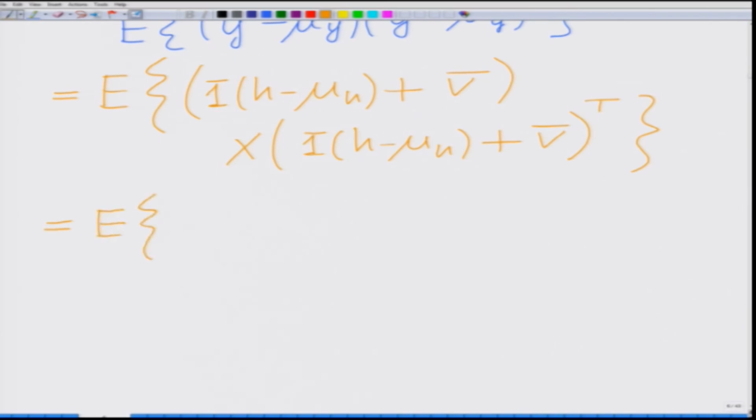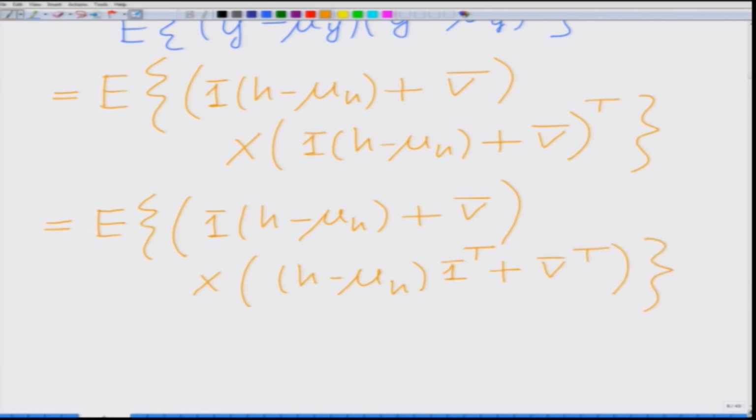If I expand this, the transpose is h minus mu h into 1 bar transpose plus v bar transpose, of course, h minus mu h is a scalar quantity, so it does not matter.